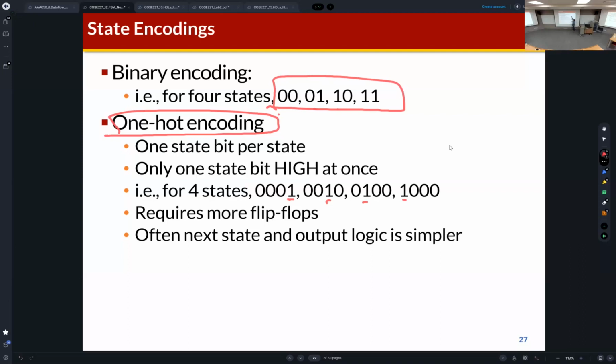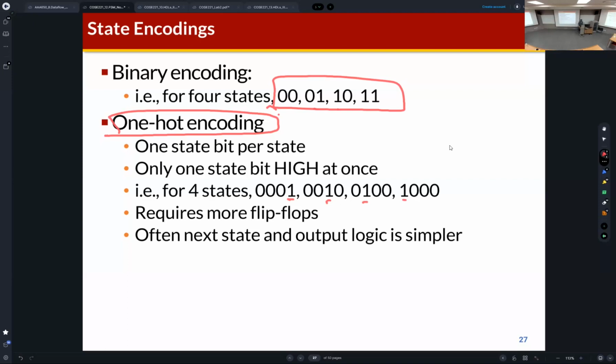Compared to binary encoding, which requires two flip-flops, one-hot encoding requires 4 flip-flops.